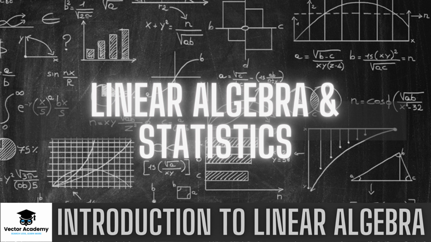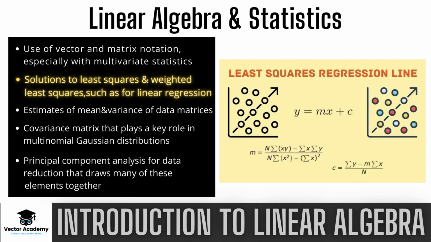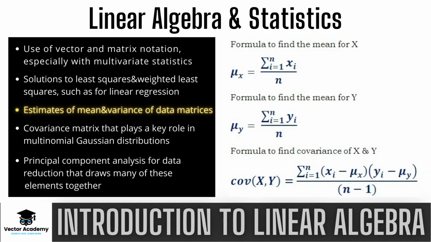Some clear fingerprints of linear algebra on statistics and statistical methods include use of vector and matrix notation, especially with multivariate statistics. Solutions to least squares and weighted least squares, such as for linear regression. Estimates of mean and variance of data matrices.